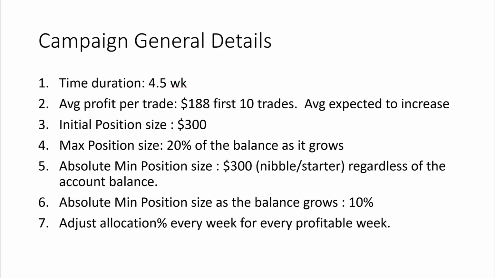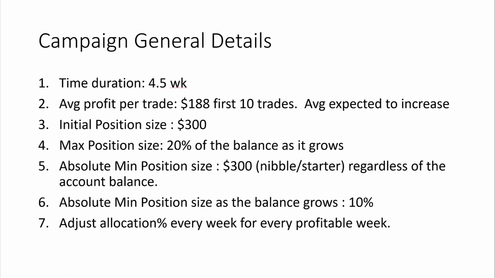That's a little over 20 trading days. The average profit per trade will be around 188 in the first 10 trades. So after you trade 10 times, you'll come up with an average, and it should be plus or minus 10 bucks around 188.